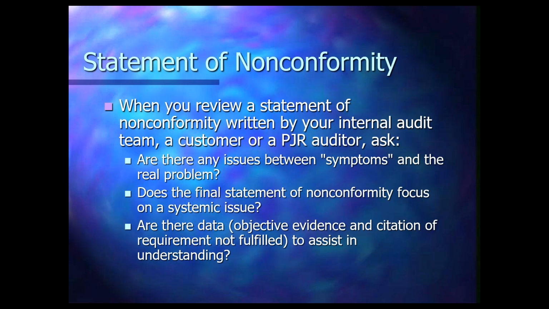And is the data that's been provided, the evidence statement, does it help us understand what's going on here? Sometimes that can be an issue too. The auditor may be providing you with an evidence statement that is extremely vague, something that you can't wrap your head around and say, well, what did this auditor look at? I'm not understanding this evidence statement.